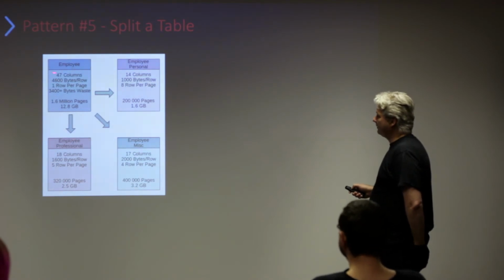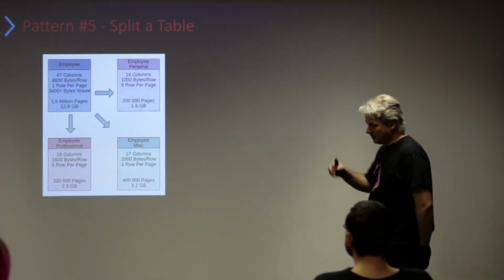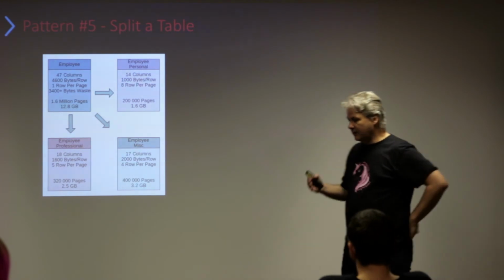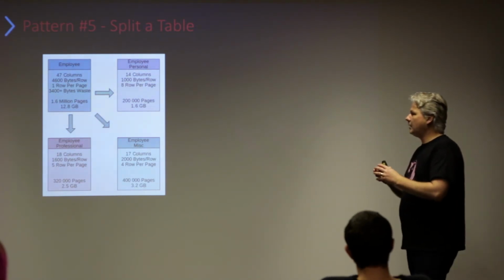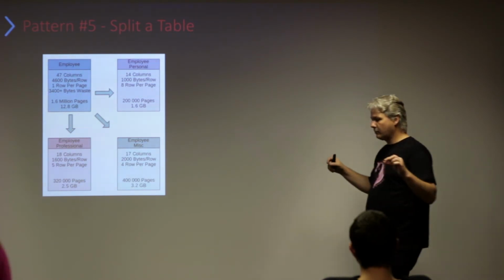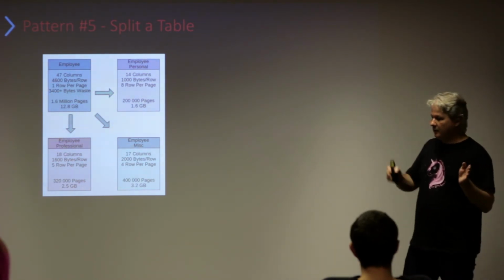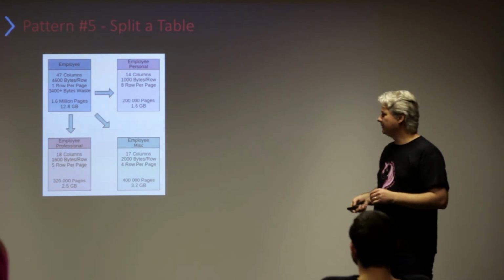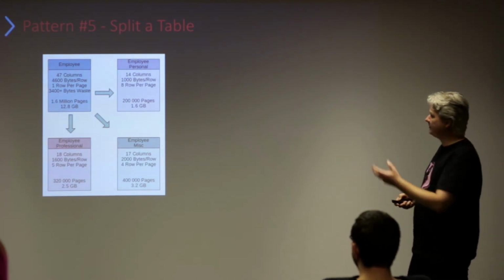We have 47 columns, and if you go and do the SQL mathematics behind this, how much disk space can one row take up, and what happens if you only fill half of that row, there's a whole lot of discussion around that.